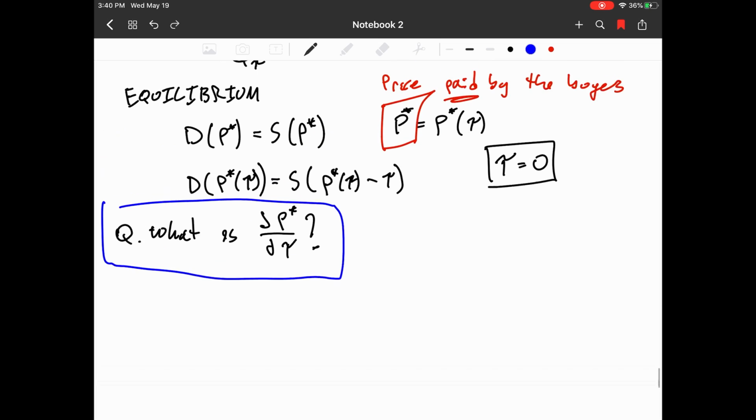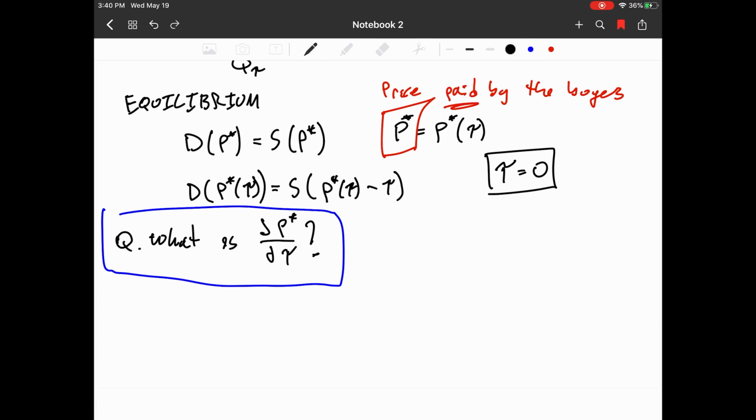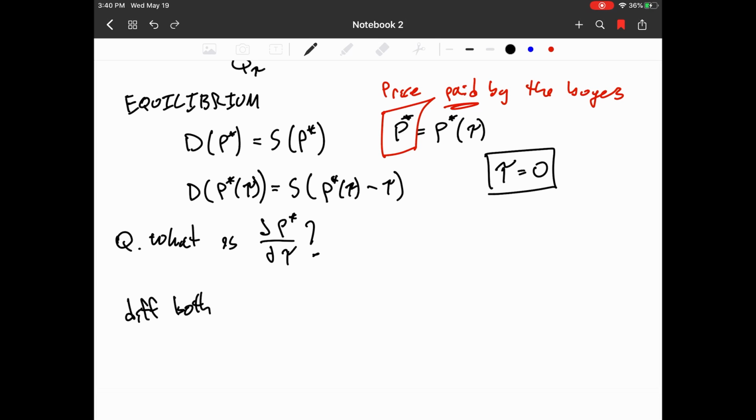All right. So we have an equilibrium condition, and to answer our question, all we have to do is take some derivatives. So we're going to differentiate both sides with respect to tau. We take the derivative of d with respect to p star.